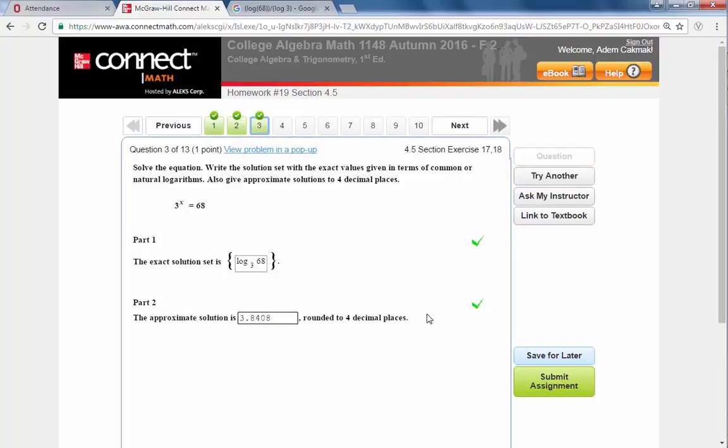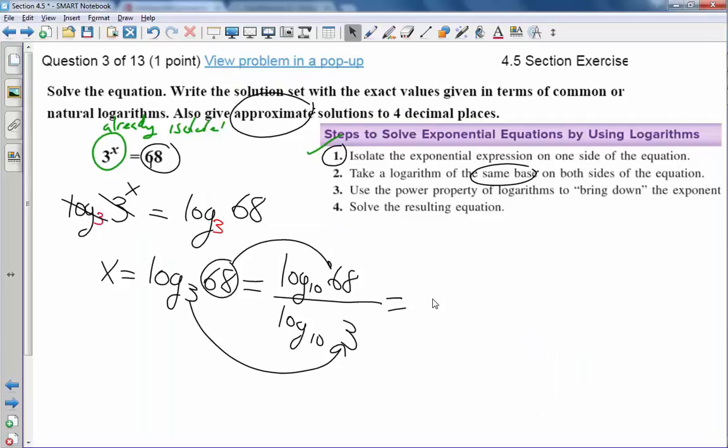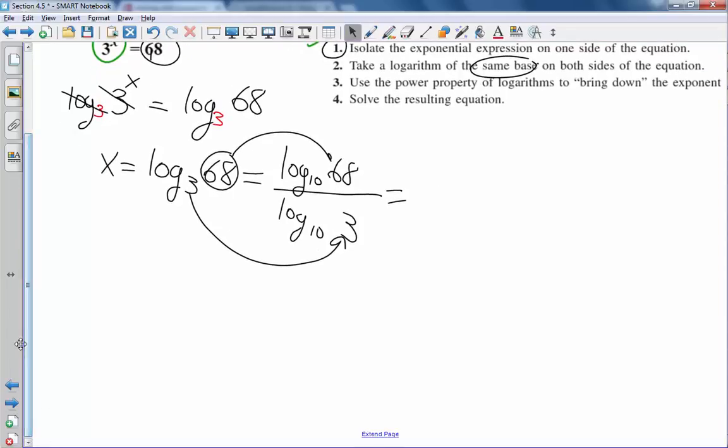Good. Alright. Someone earlier said, what if we choose log base 10 or e? That's possible as well. I wanted to show you how that one works out quickly. So, same question.